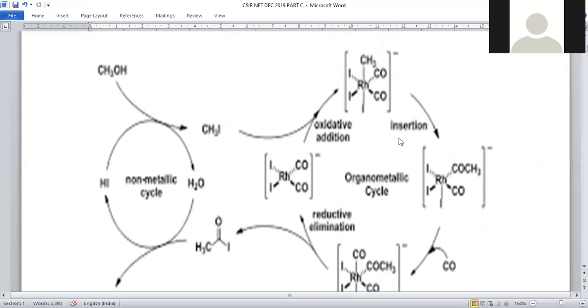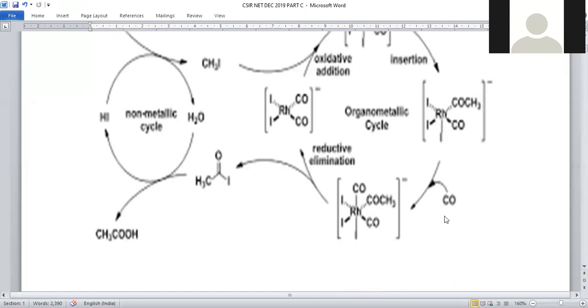Now comes the insertion of the methyl from the metal to the carbonyl. Whenever this methyl is shifted to the carbonyl, a vacant site is formed and the acetyl group is generated at the center. This vacant site can be filled by a nucleophilic carbonyl functional group so that an octahedral 18 electron system is generated. Subsequent reductive elimination leads to the formation of acid halide, which on further hydrolysis gives rise to acetic acid.